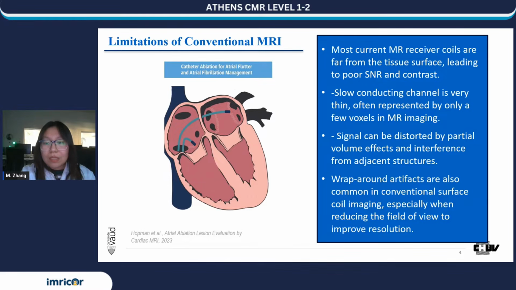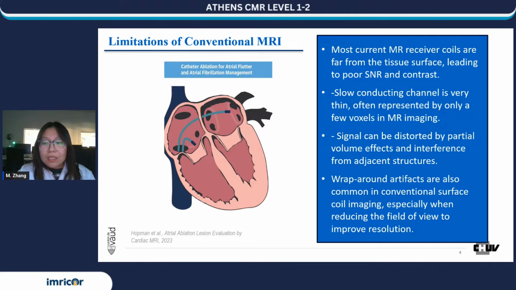Let's now talk about the technical challenges we face in conventional cardiac MRI. First, most standard MR receiver coils are relatively far away from the object to image, which is in our case the heart. The distance results in poor signal to noise ratio.